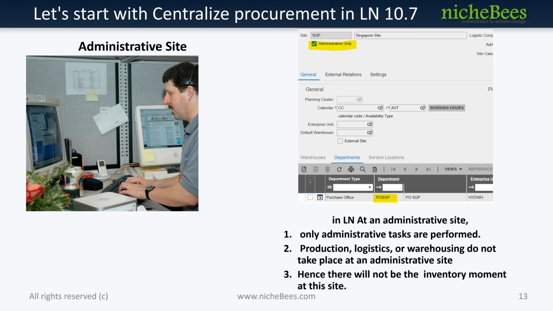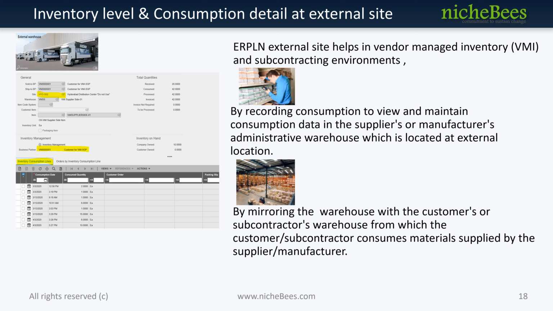ERP LN site helps in VMI and subcontracting business environments by recording replenishment and consumption in the supplier or subcontractor administrative warehouse, which are located at external locations. By mirroring the warehouse with the customer or subcontractor warehouse from which the customer or subcontractor consumes materials supplied by the supplier or manufacturer. We'll make a separate PPT for more detail on full VMI with external site.